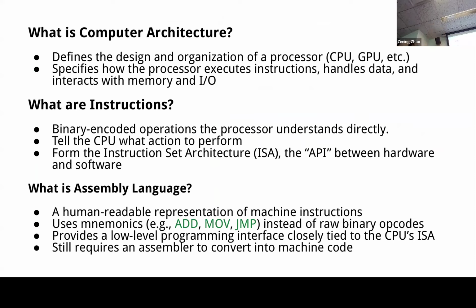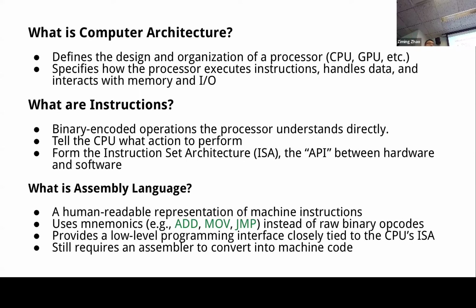We don't really have a computer architecture class in our college, but I think the EE department offers such a class. This discipline is about the design and the organization of a processor. So computer architecture is not really about the organization of your whole personal computer. It's mainly about the processor itself. There are many different types of processors.